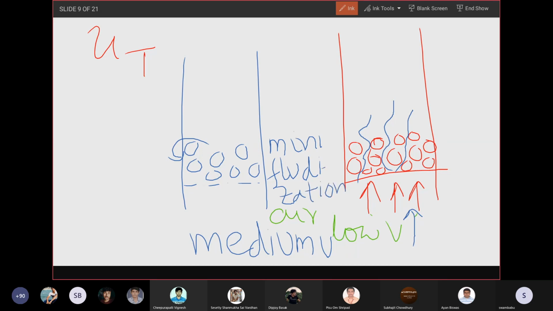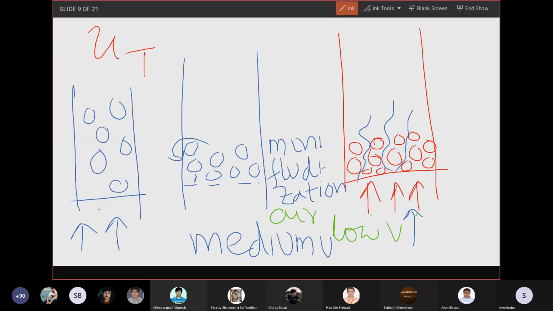Minimum fluidization. So at minimum fluidization conditions, the particles are just suspended and rotate wherever they are. If you increase velocity further, what will happen? Since we already crossed the barrier, that is, the air is able to lift the particle, if you increase higher, the particles lift upwards much more.